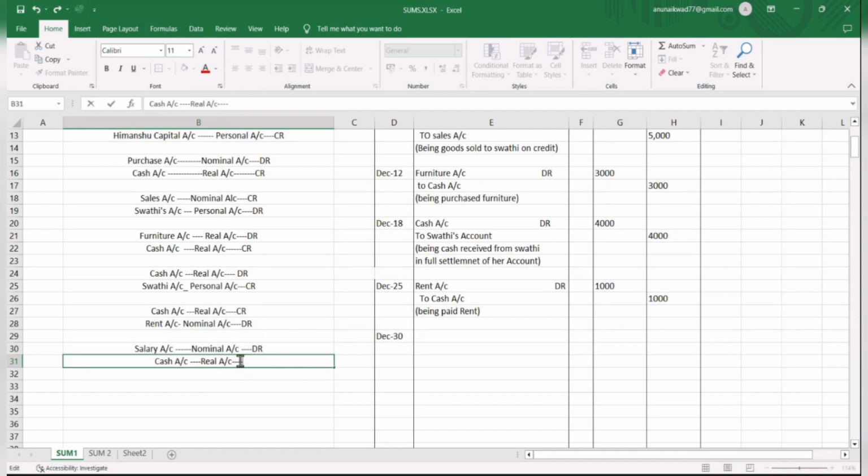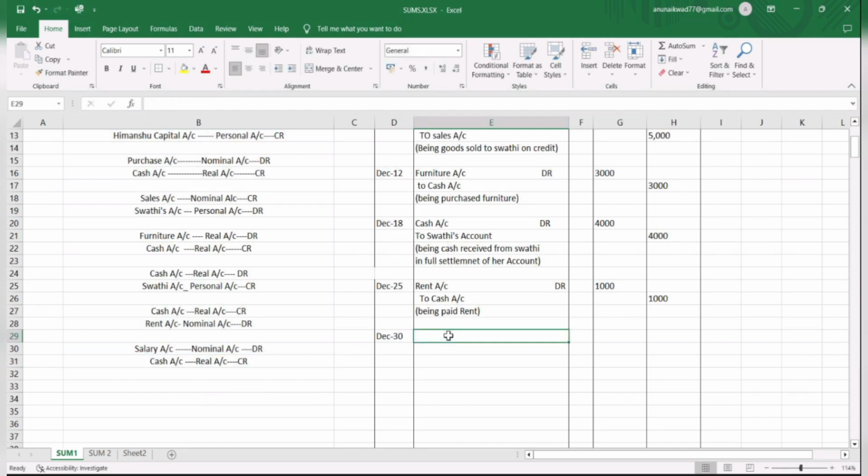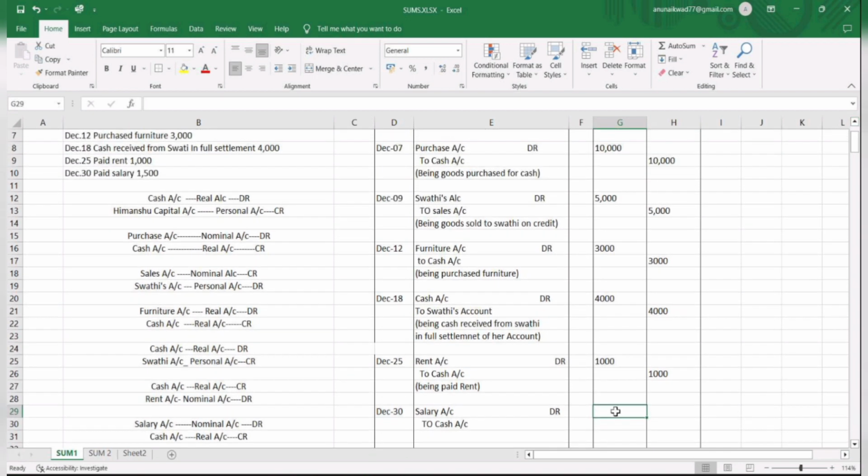Money is going out of the business, cash is going out of the business, it is credited. So salary account debit to cash account. Value is 1,500.